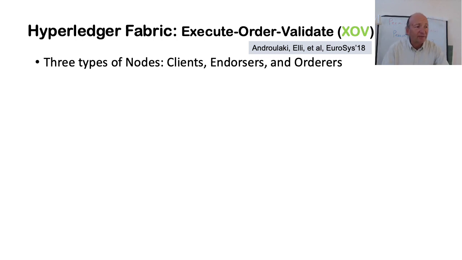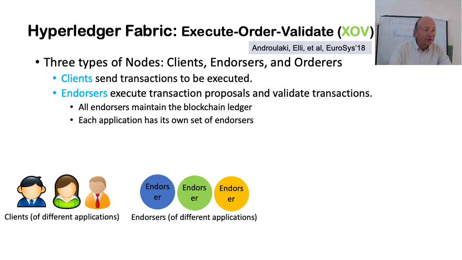In this case, I'll illustrate things using, again, our 3 different types of nodes. We have clients. They represent applications, and they're going to issue transactions that need to be executed.